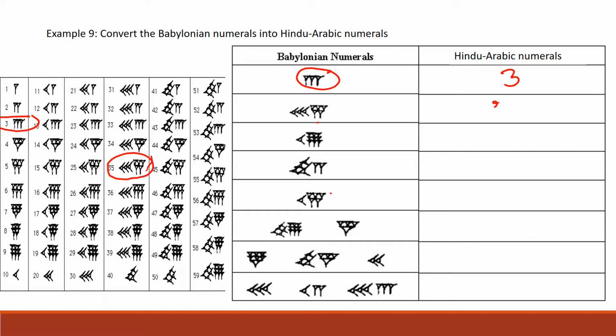That is 35. Here we have one of these sideways little arrowheads, and it looks like 1, 2, 3, 4, 5, 6, 7, 8, 9. Stack of 9 with one sideways arrowhead right here. That is 19.